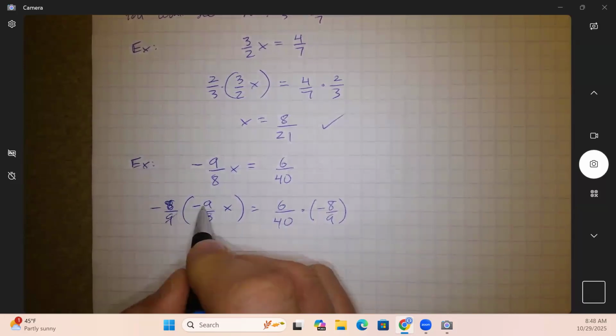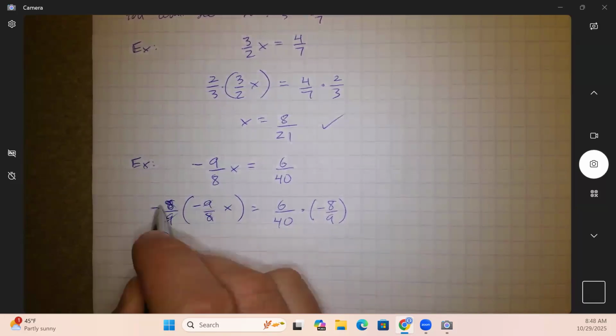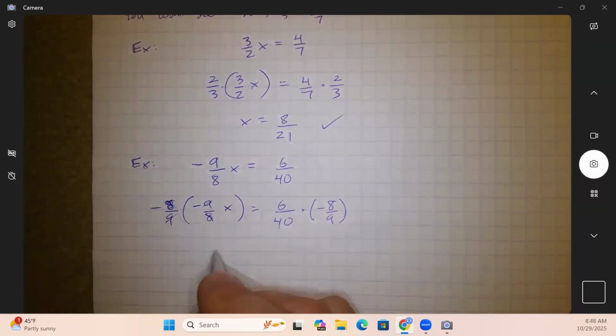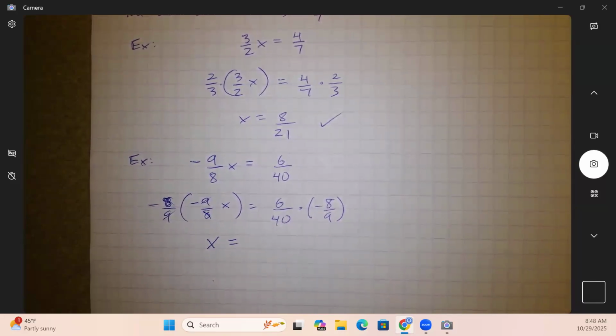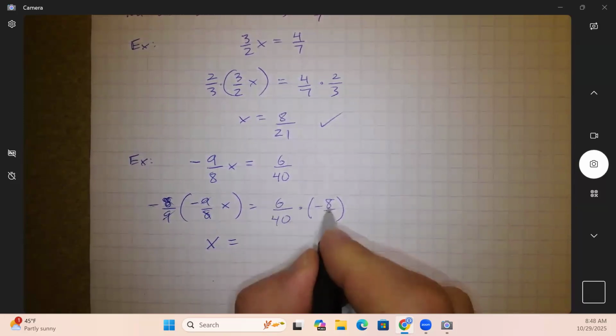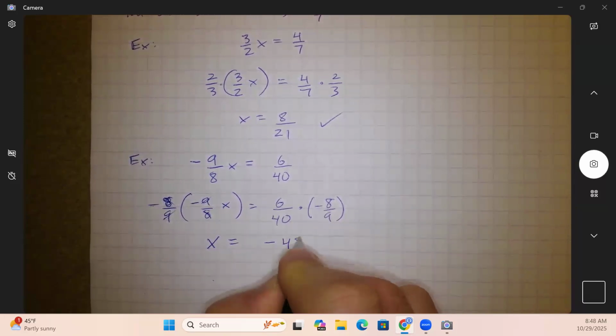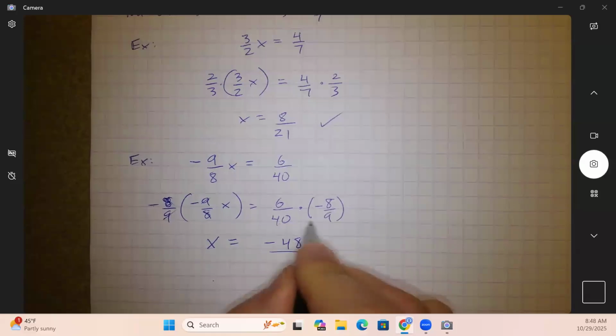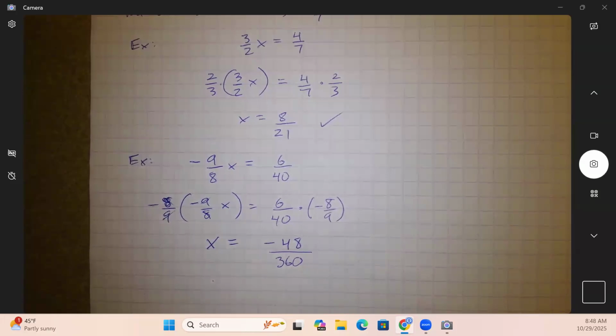Regardless, the 9 and the 9 cancel, the 8 and the 8 cancel, and the minus times the minus cancels, which gives us the x on the left. And then 6 times negative 8 is negative 48. And 40 times 9 is 360. I multiply the numerators, I multiply the denominators.